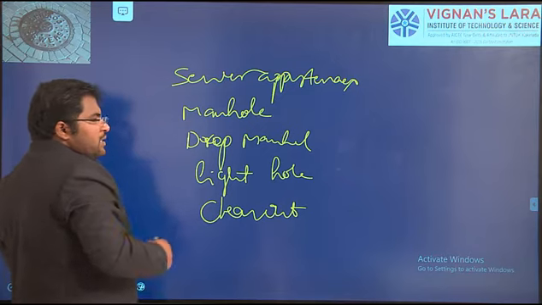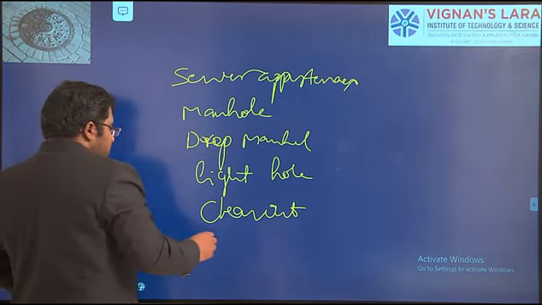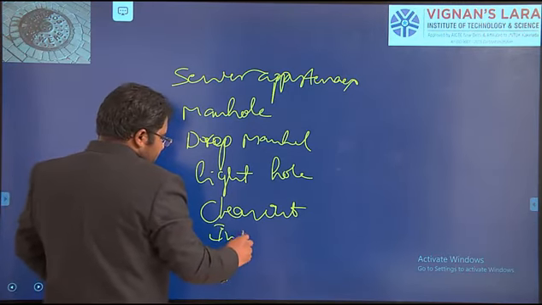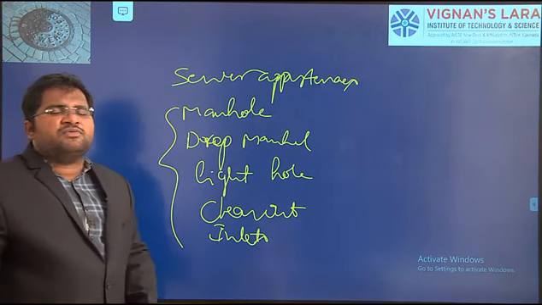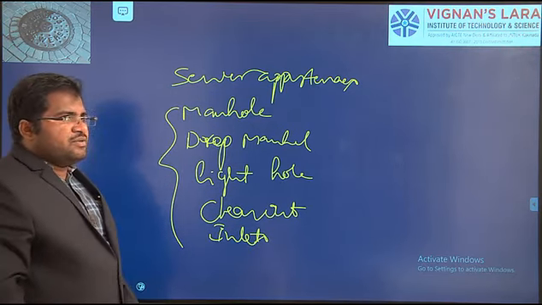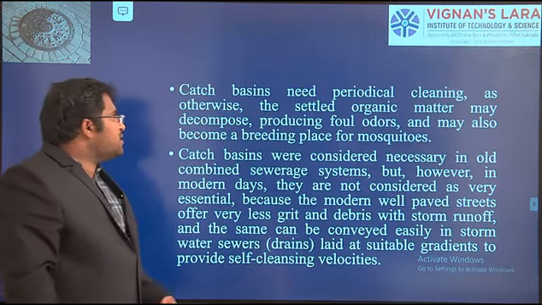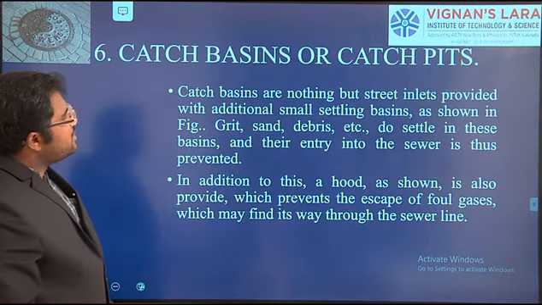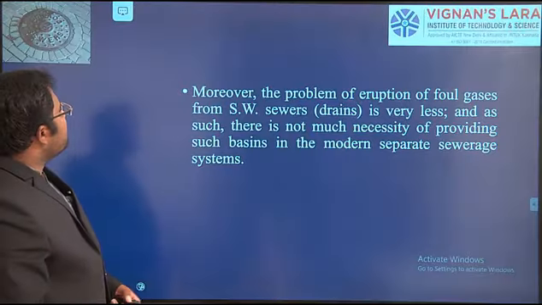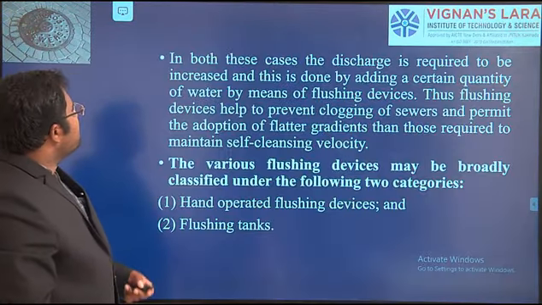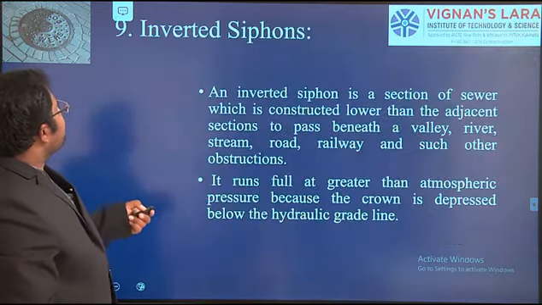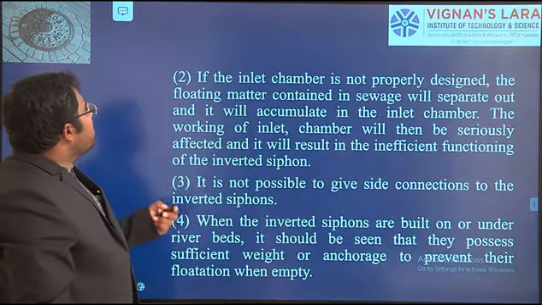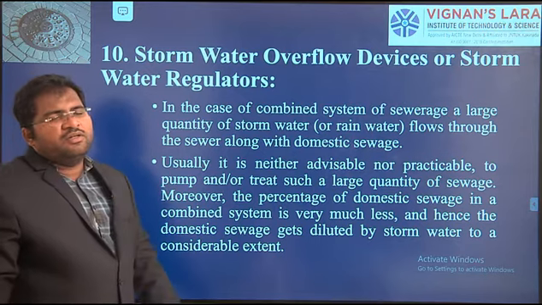Lastly, we discussed street inlets. Regarding five sewer appurtenances we discussed in today's class. In the next class we are going to discuss other topics like catch basins, inverted siphons, flushing devices, grease and oil traps, and stormwater overflow devices.